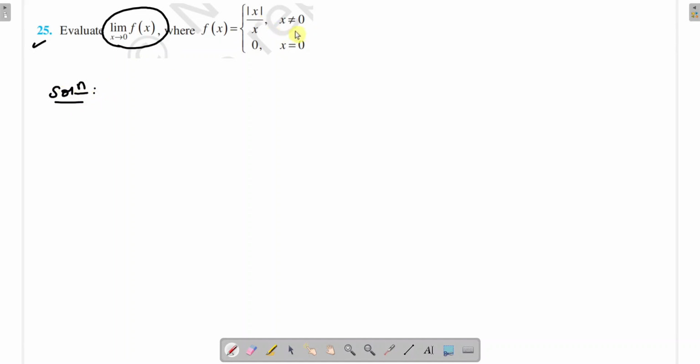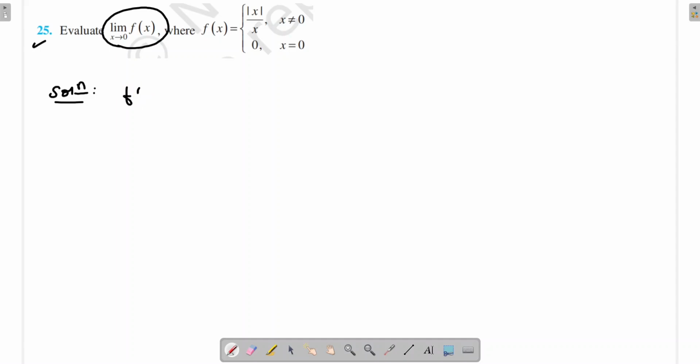Now this 0 is a breaking point of this function, right? When x is not equal to 0, you have one definition. When x is equal to 0, you have another definition. But we have to look at this function more clearly.